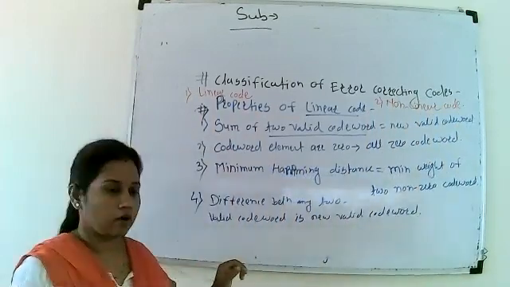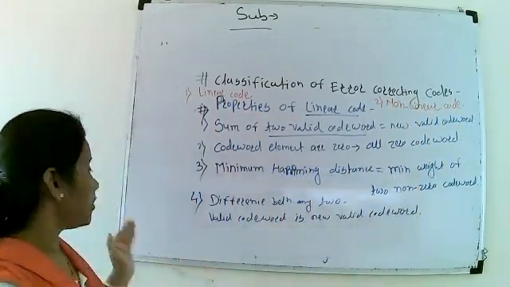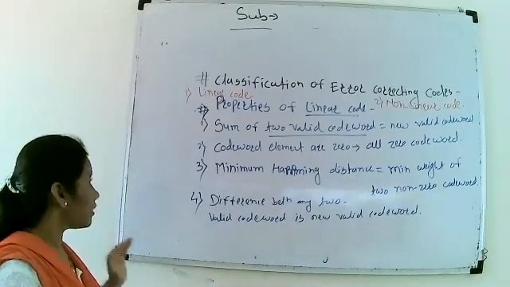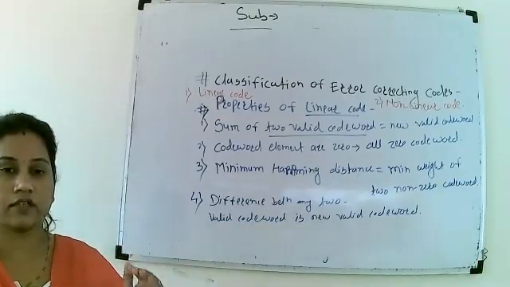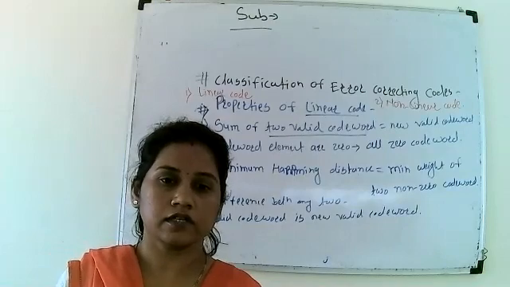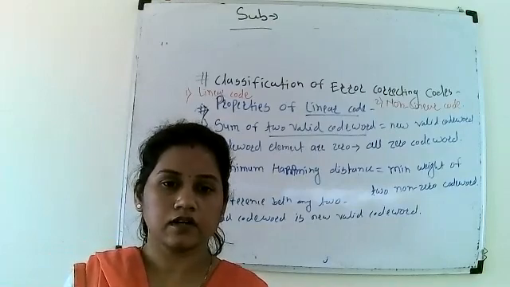Now, about the non-linear code and linear code. When do we say that a particular code is a linear code?